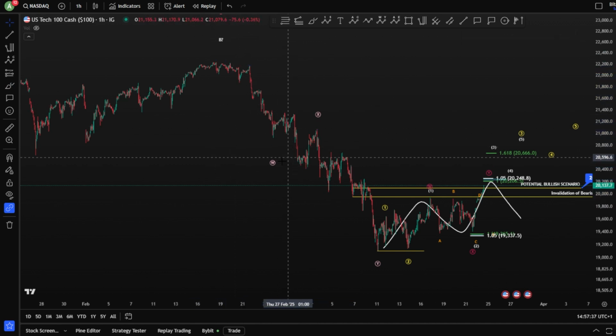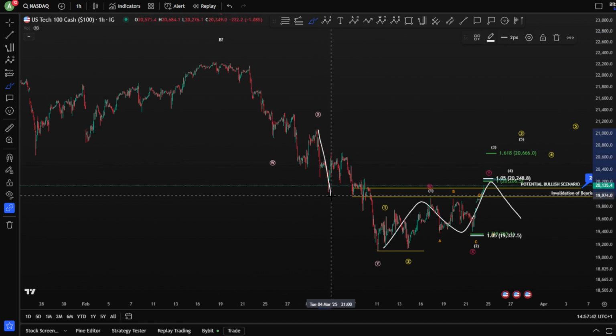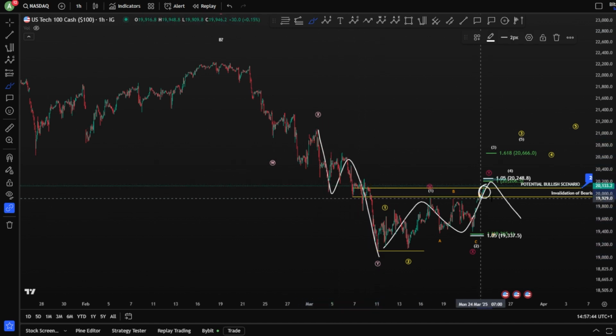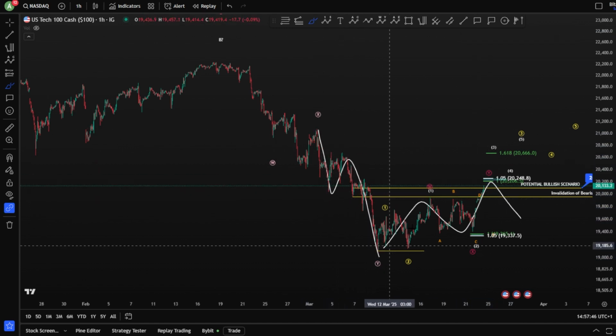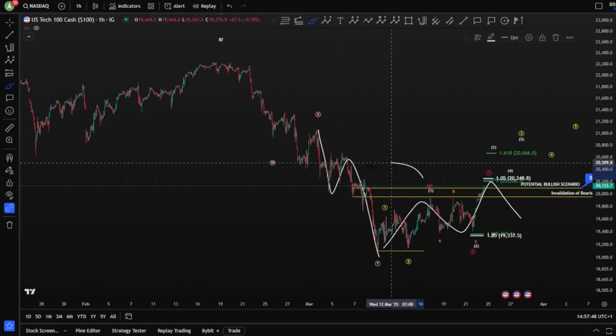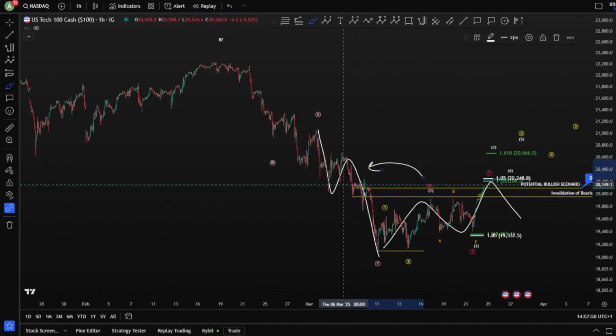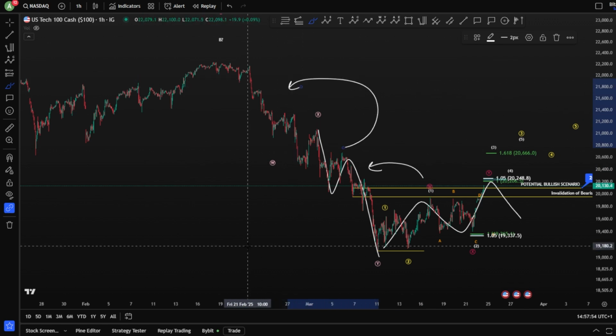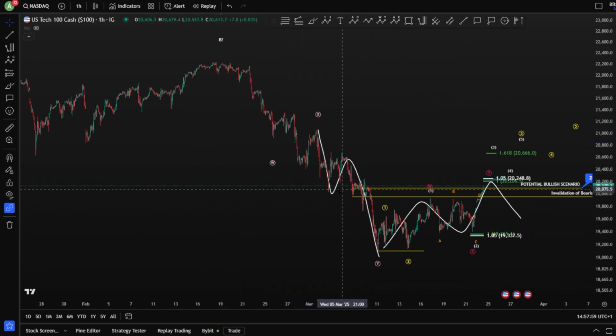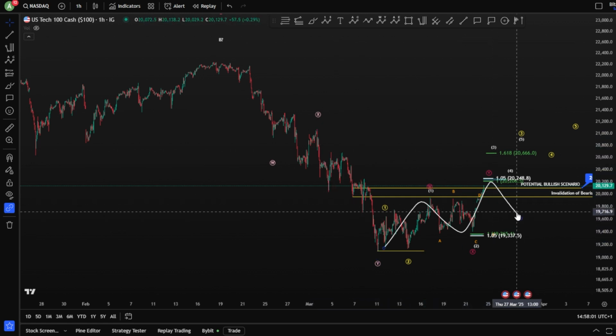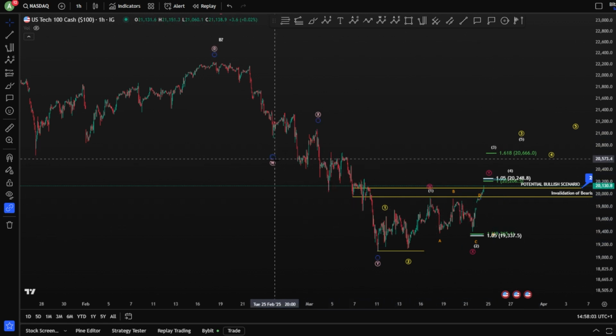Potentially here it can be, but because of the invalidation it has turned into a zigzag. It's not an impulse anymore. It says this is 3 waves. If this is a 3 wave, it is mandatory that this one should be 3 waves, not an impulse. Nice, right? So this is how Elliott wave systematics work, right?